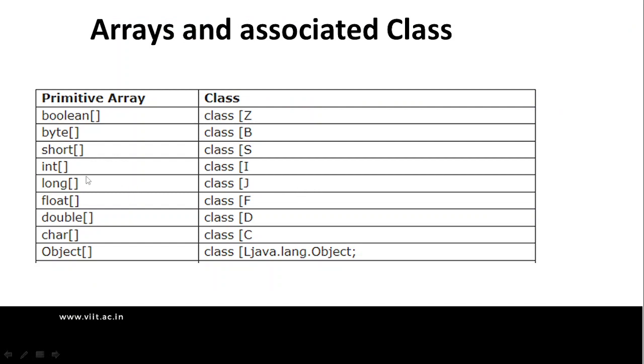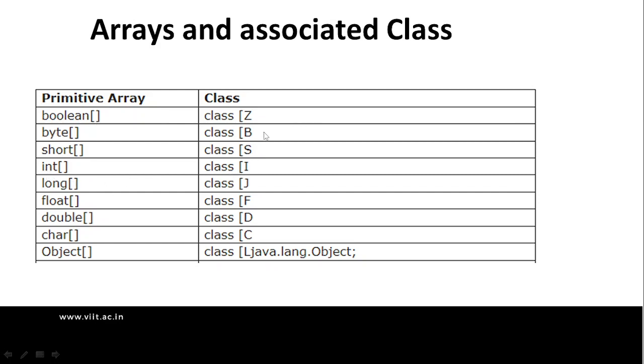This is predefined in the compiler. If you declare a byte array, its associated class is an opening bracket with capital B. If your primitive array is of short, then its associated class is an opening bracket with capital S. Integer we have seen, this is symbolic.